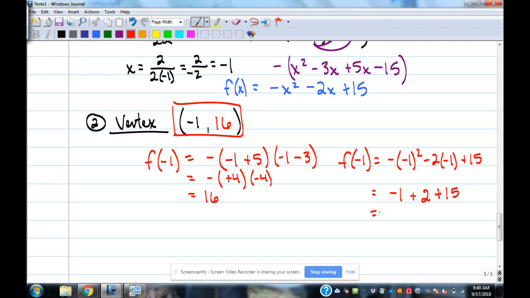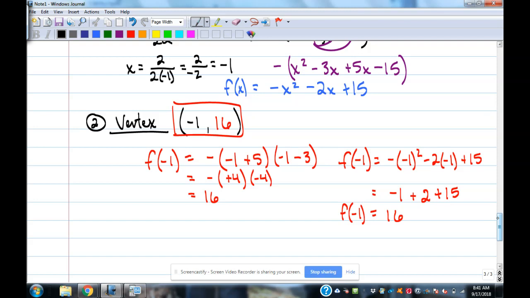So that'd be 17 minus 1 is 16. Same answer. Okay, no matter which one I use because I did the math right there. But I tend to always go back to the original if I'm plugging a number in. That way, if I made a mistake, I'll hopefully catch it. So we now have the vertex.